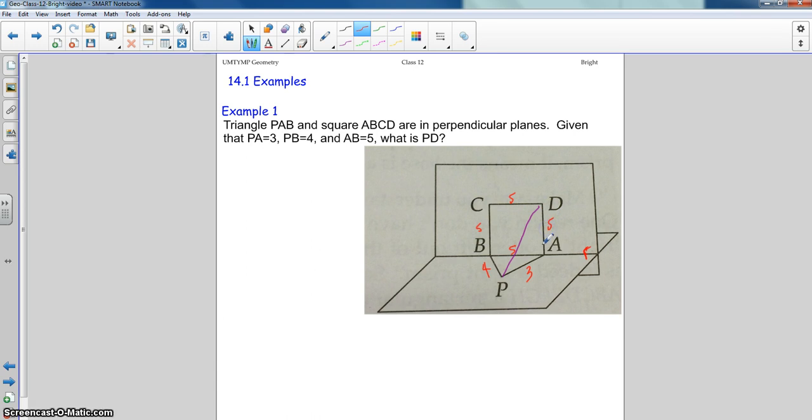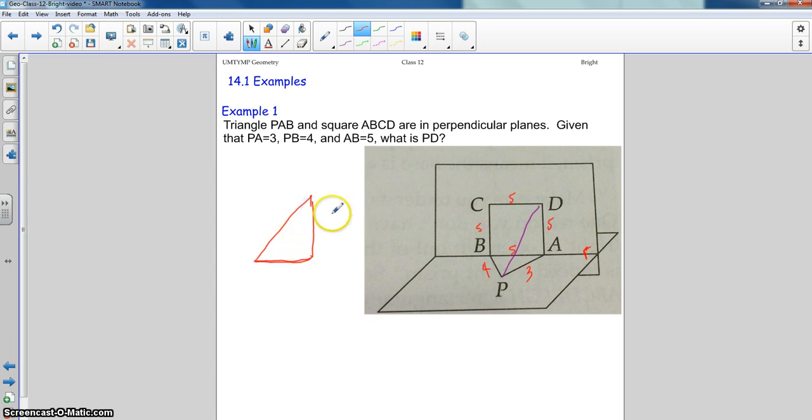What I'm seeing is that P, A, and D all lie on the same plane. Again, 3 non-collinear points determine a plane. So if I look at this in 2 dimensions instead of 3, which is a very important skill in solving most of these problems, I'd have something that looks like this.